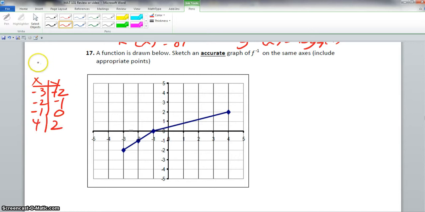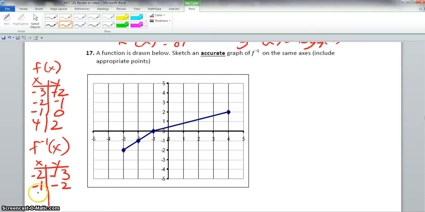Now this is f of x. Now we want the inverse. Remember, for the inverse you're just switching the x and y values. So our x would be -2, then -3, -1, -2, 0, -1, and then 2, 4. So all of our y values became our x's, and all of our x values became our y values.